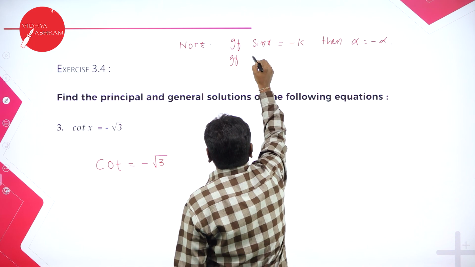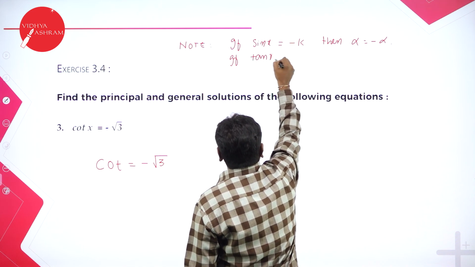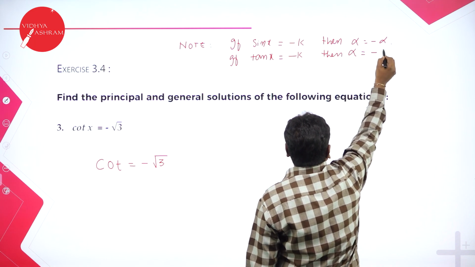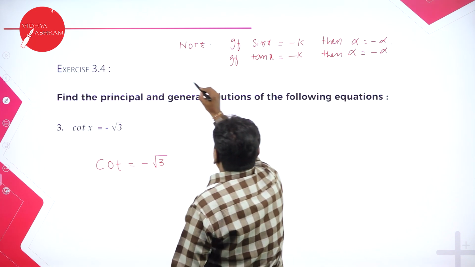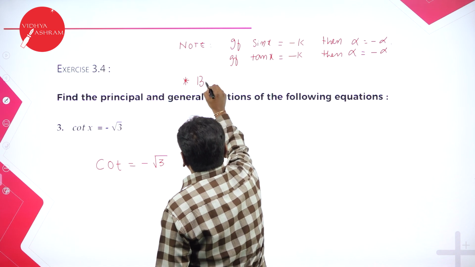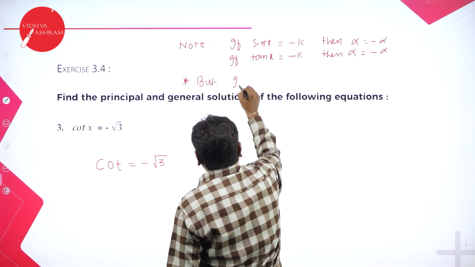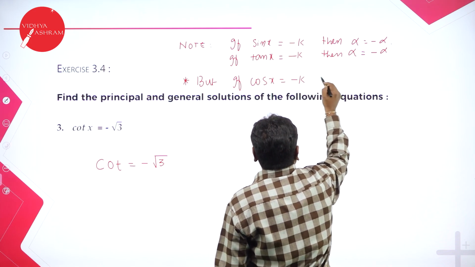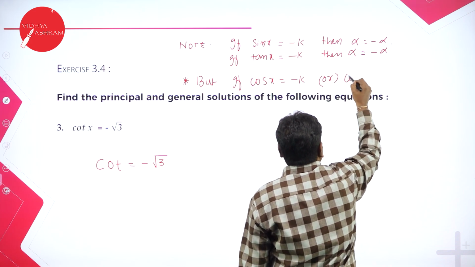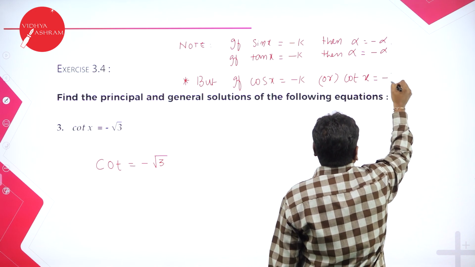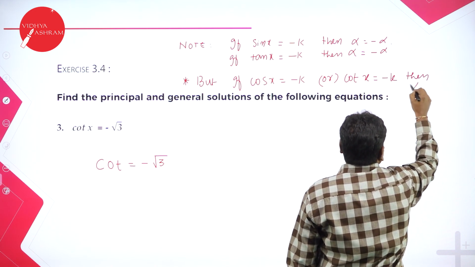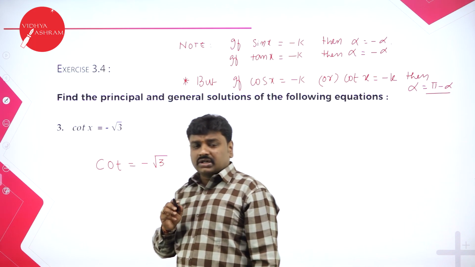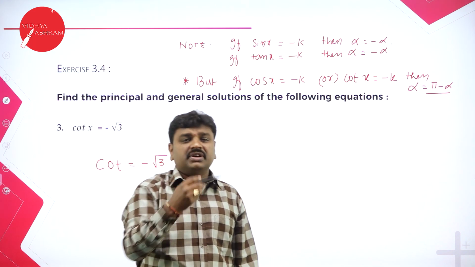If tan x is negative, tan x is minus k, you take alpha also negative. But, very important, if cos x is negative or cot x is negative, then I should take the angle as pi minus alpha. Cot or cos, if they are negative, you should take pi minus.